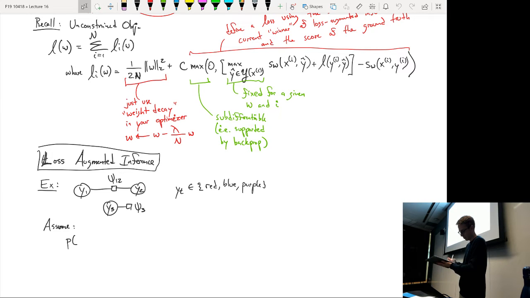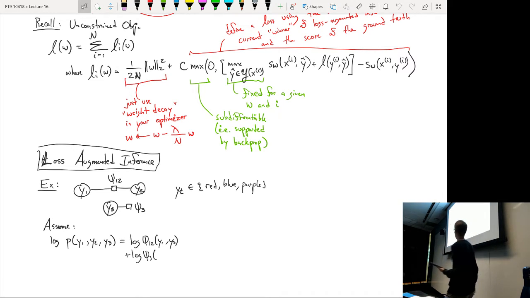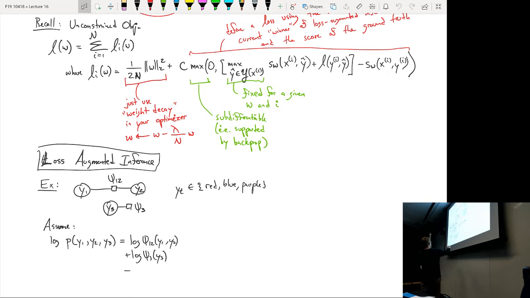So that would mean the log probability of y1, y2, and y3 is given by the log of psi12 of y1, y2 plus the log of psi3 of y3 minus the log of the partition function Z. Okay, so that's our first assumption.